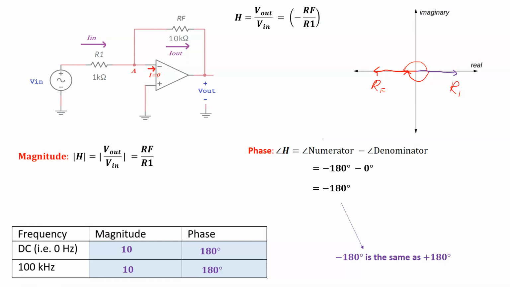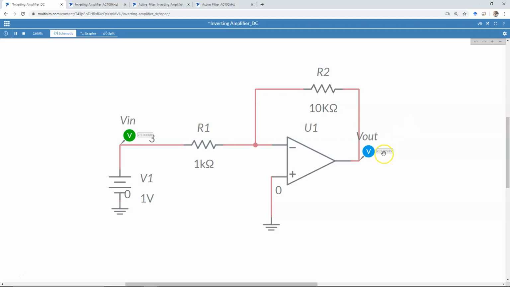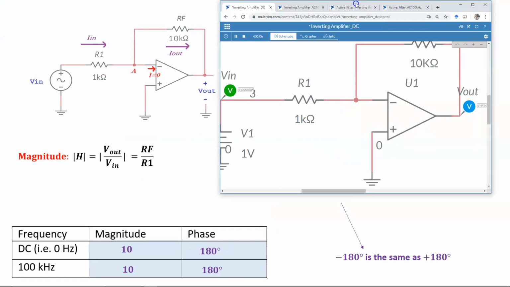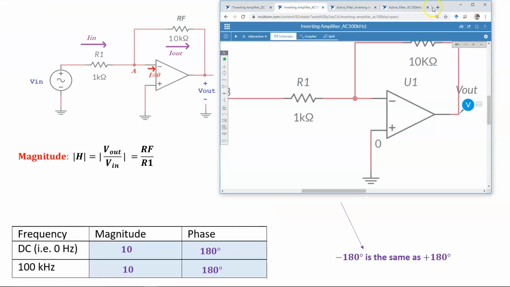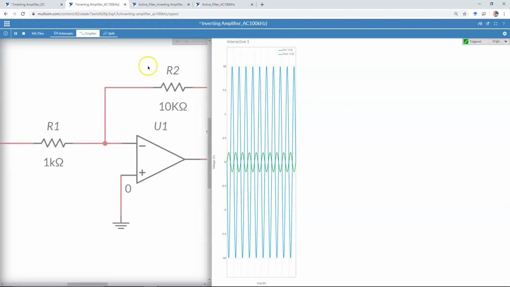Now the magnitude, right? In this case, the voltage is minus 10, but the magnitude is 10. Minus 10 basically just means it's out of phase with the input, meaning it's 180 degrees out of phase. Okay. Now what happens if I use AC? Here's my AC voltage being applied to that same circuit. If I run the simulation, it's easier to see the AC in a graph, so let me just show you the graph.